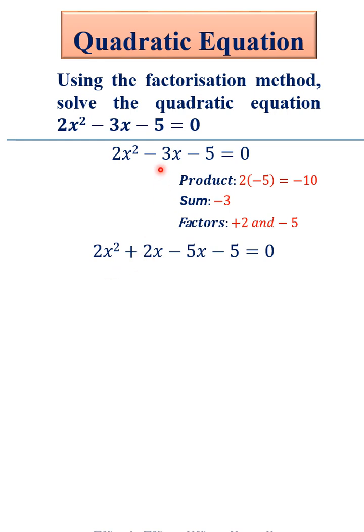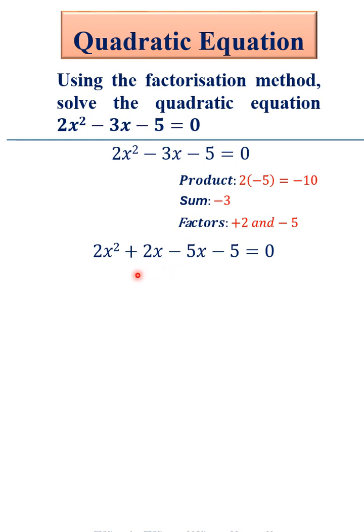We've replaced −3x with these two values here now to give us +2x and −5x. And then we bring this constant back, −5 = 0. So this expression is the same thing as this one because 2x − 5x will also give us −3x. So nothing has changed. At this point, we're going to factorize the left-hand side of this equation.